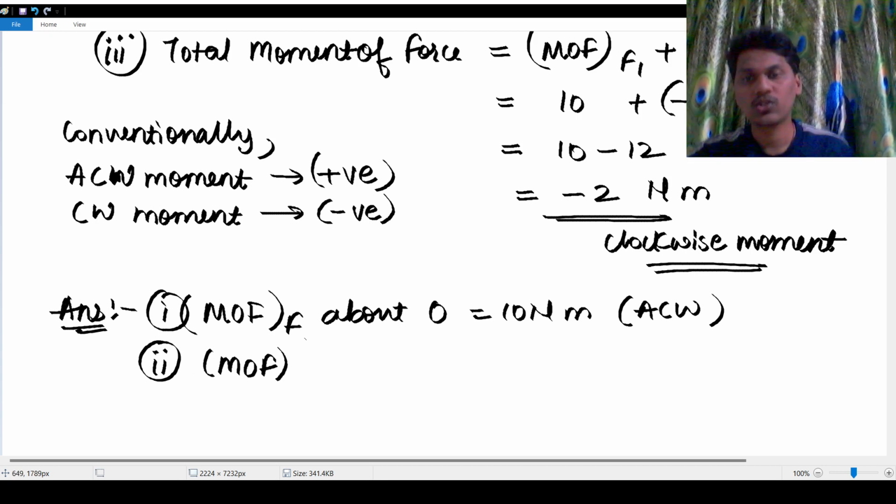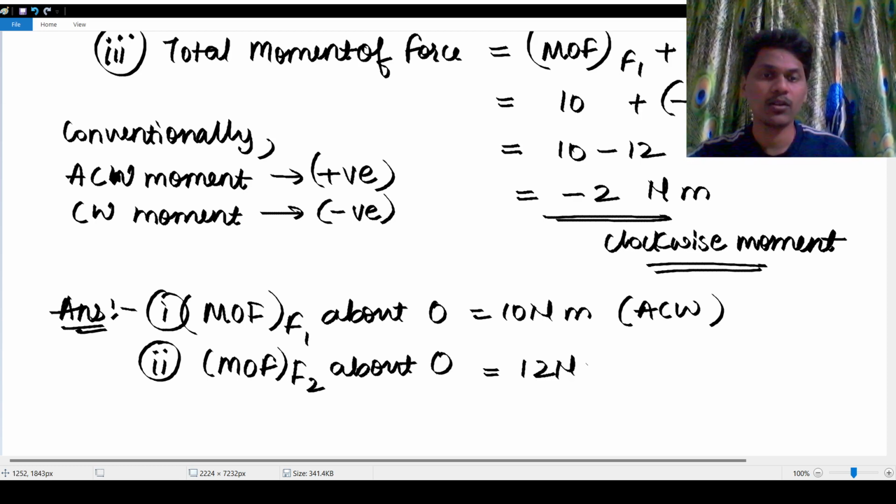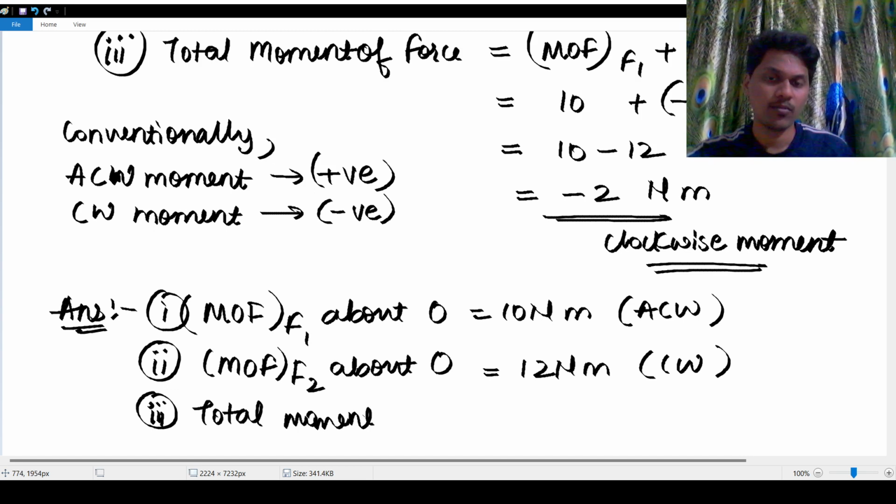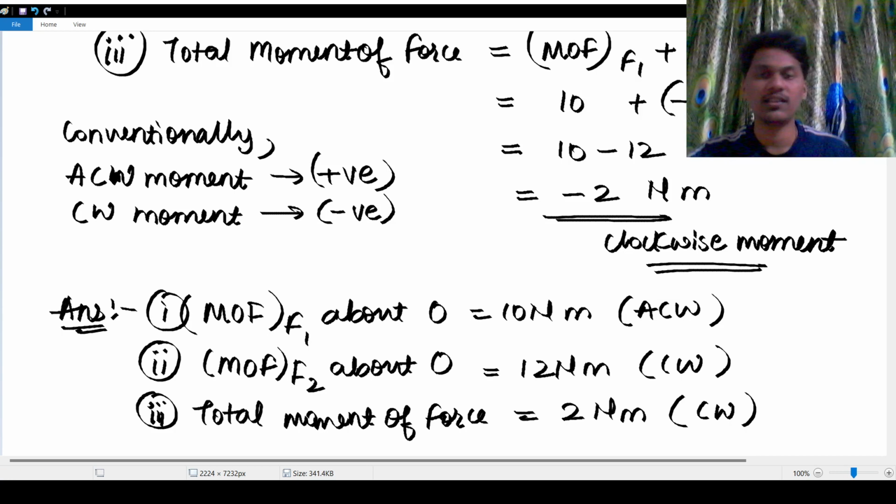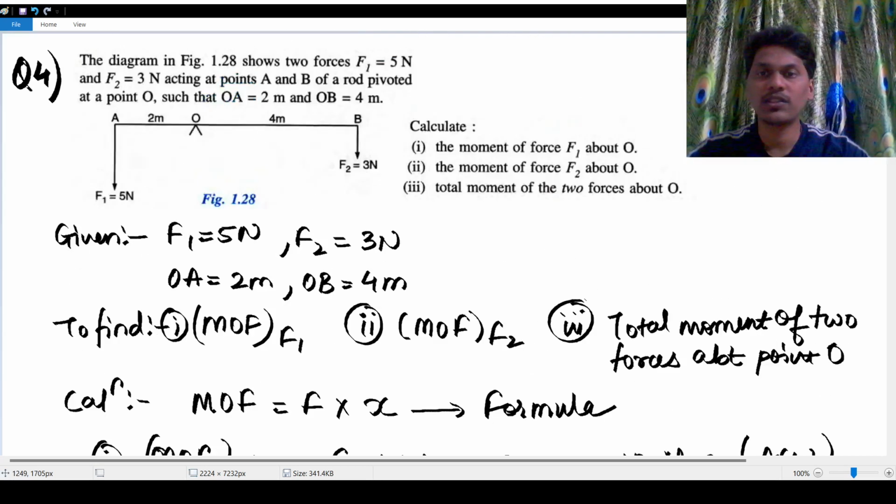Moment of force F2 about O is equal to 12 Newton meter, which is in clockwise sense. And finally, total moment of force is equal to 2 Newton meter, and that too in clockwise sense. So this is our final answer to the question that has been given to us.